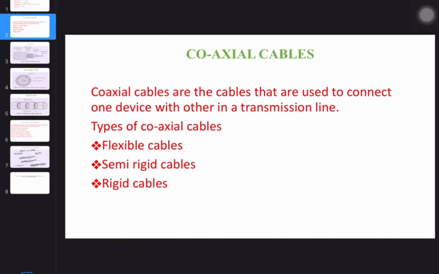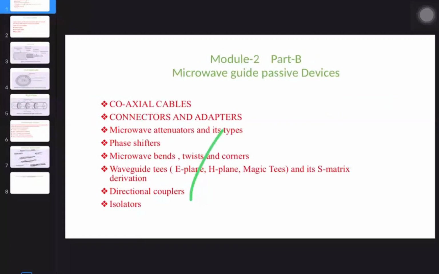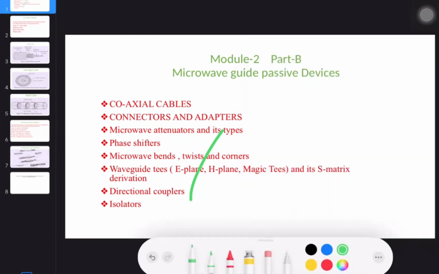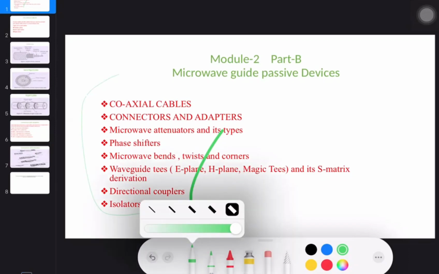So the main important passive devices which we'll be using in most microwave networks are a microwave attenuator, phase shifter, microwave bends, twists, and corners, the varieties, that is the E plane T, H plane T, magic T, the directional couplers and the isolators. These are all the microwave passive devices which we are going to study in this module.